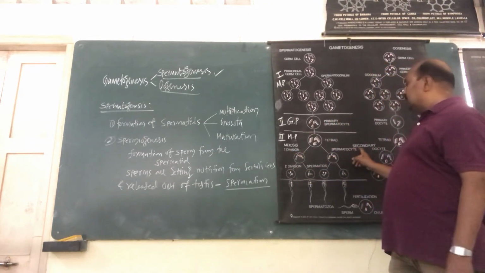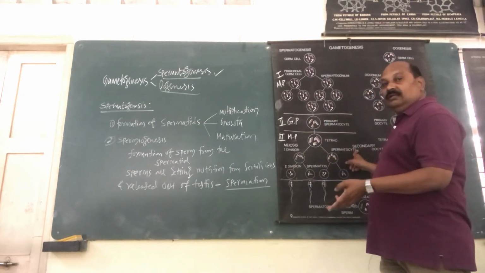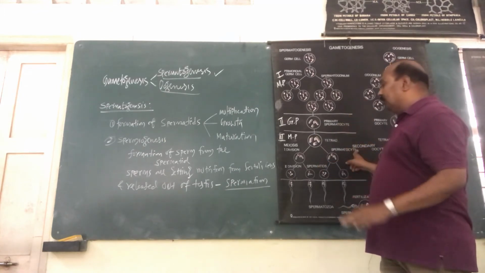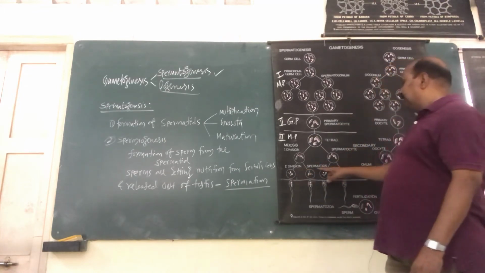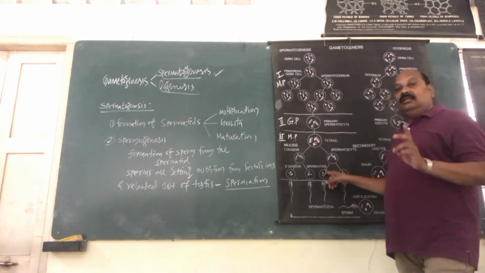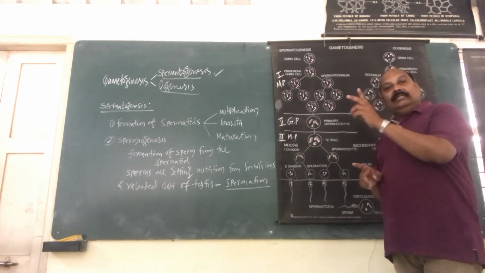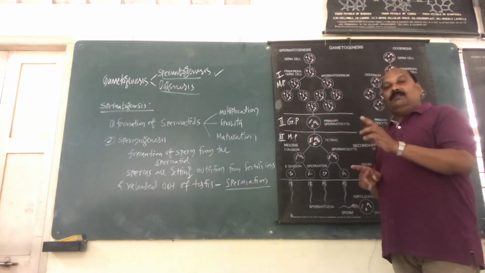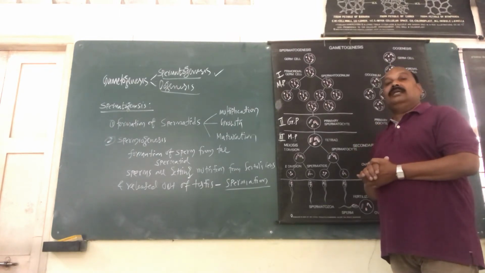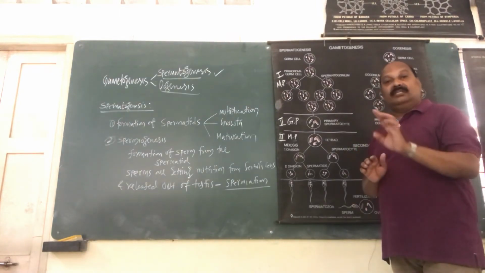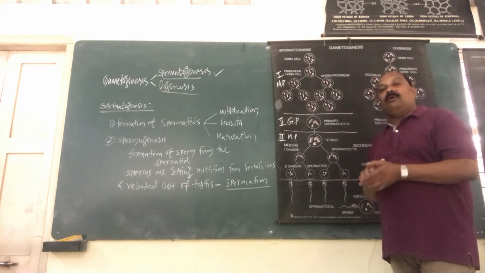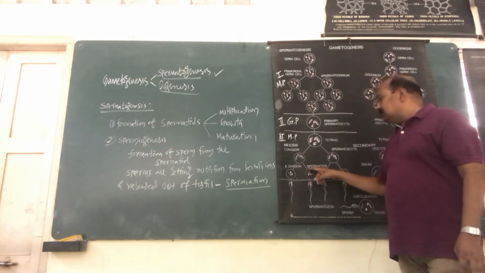Each secondary spermatocyte divides to form two cells, what we call spermatids. Now clearly understand, the first meiosis is the real meiosis, the reduction division, diploid into haploid. The haploid secondary spermatocyte then undergoes the second meiosis, which is an equal mitotic division, to form four cells, what we call spermatids.